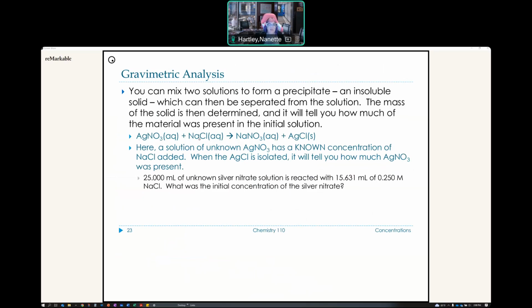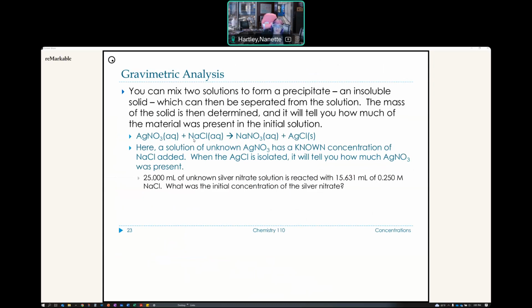Take care of that. So we're looking at this reaction between silver nitrate and sodium chloride, both of which are aqueous. When we mix them together, sodium nitrate is aqueous, but silver chloride is not. It makes a solid. And so we can drive this reaction. We have our sodium chloride in the beaker and our silver nitrate in the burette.